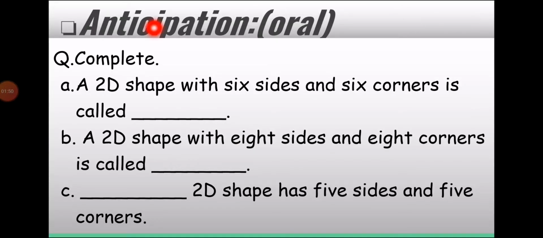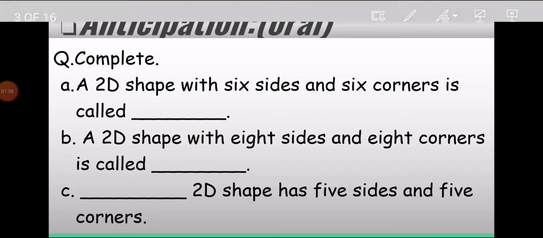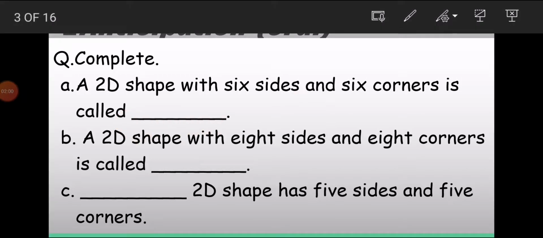First we will do our anticipation. It's an oral one. Question A. A 2D shape with 6 sides and 6 corners is called dash. Do you remember a 2D shape with 6 sides and 6 corners? Let me draw it for you. 1 side, 2 sides, 3 sides, 4 sides, 5 sides, 6 sides.